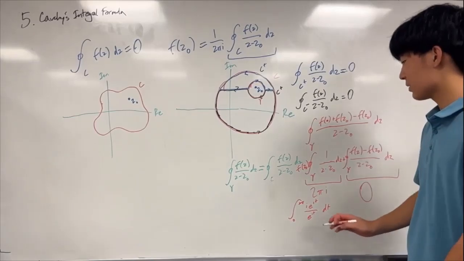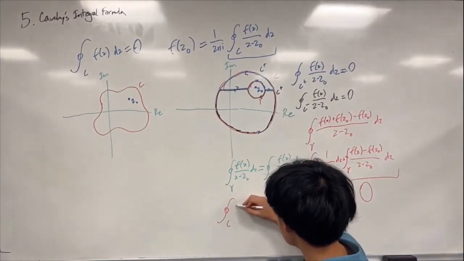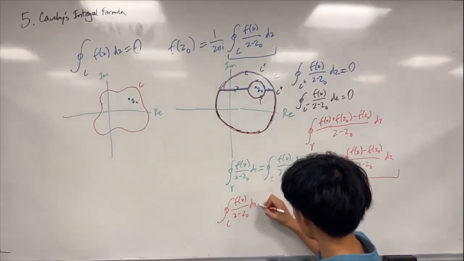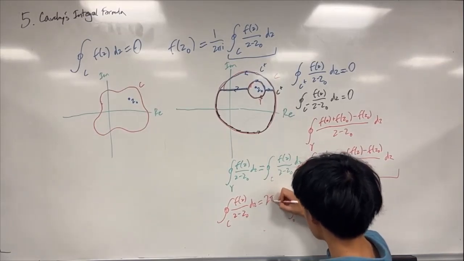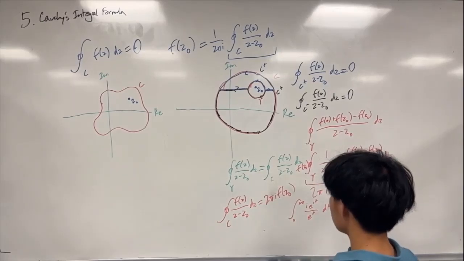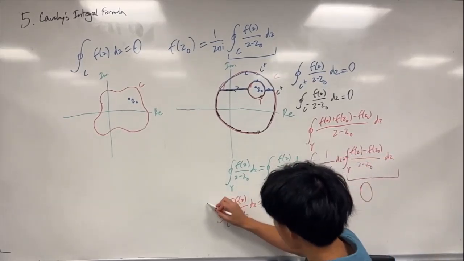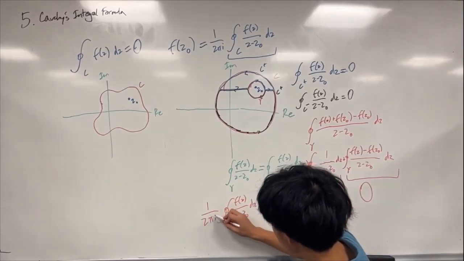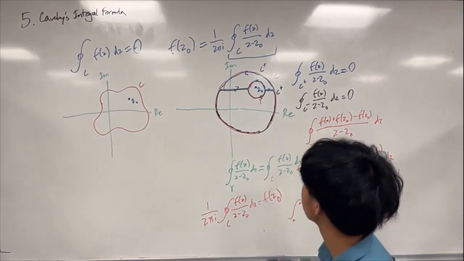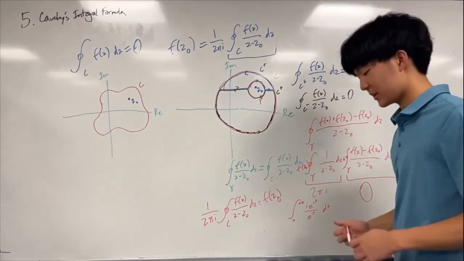So then, you get that the integral over c of f(z) over z minus z sub 0 dz equals 2 pi i times f(z sub 0). Dividing both sides by 2 pi i, we get our original intended result. 1 over 2 pi i times this equals f(z sub 0). And that is exactly what we see up here.